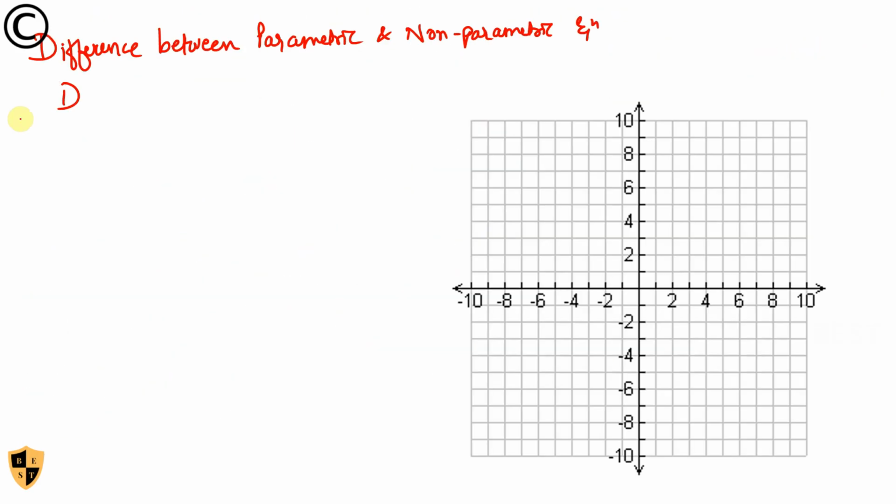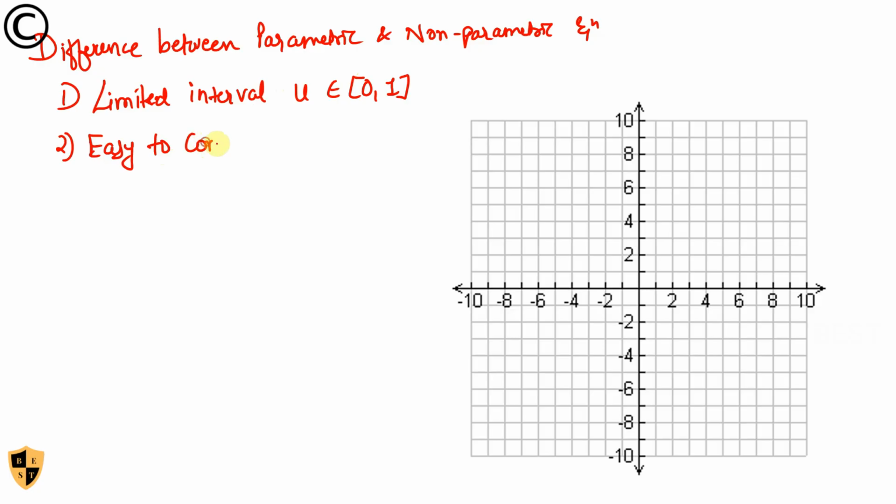So the differences between parametric and non-parametric equations are that, first, you have a limited interval, right? We are having a limited interval from 0 to 1, and between that we can get all the values. Second, it is easy to compute points. Third, it is a flexible method.